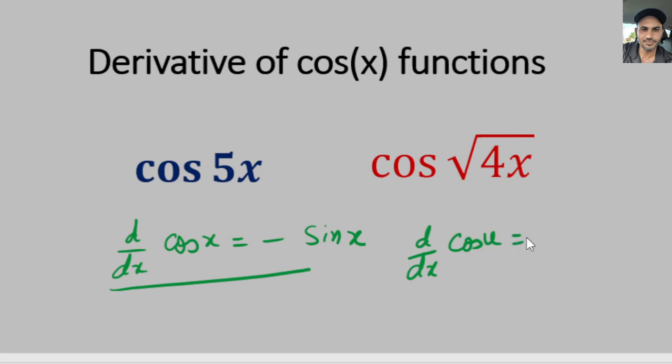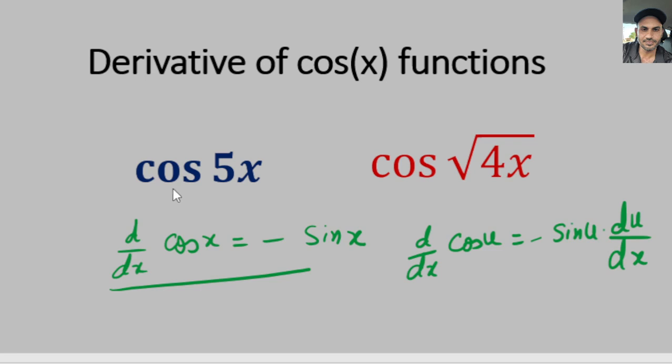We have to apply the chain rule here. u is a function of x, so we get negative sine of u times du over dx. When we take the derivative of cosine of u, we get negative sine u times the derivative of u, because u is a function of x as well.